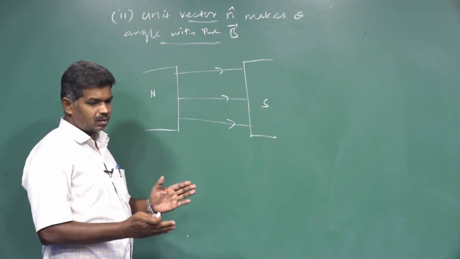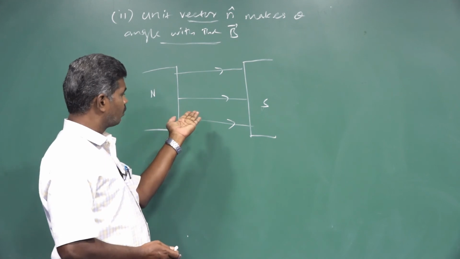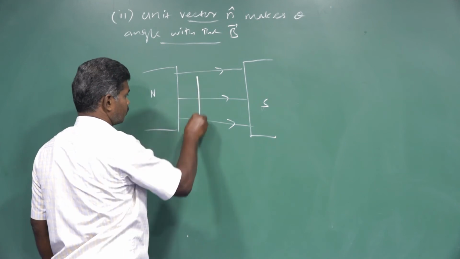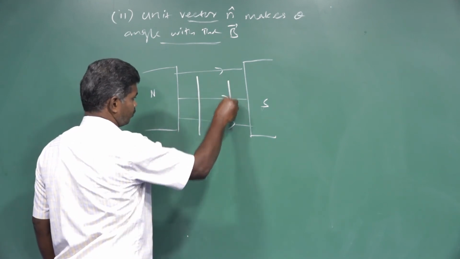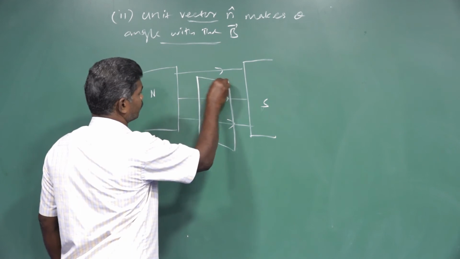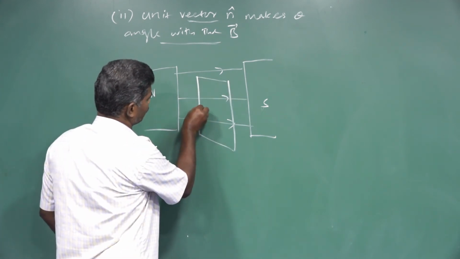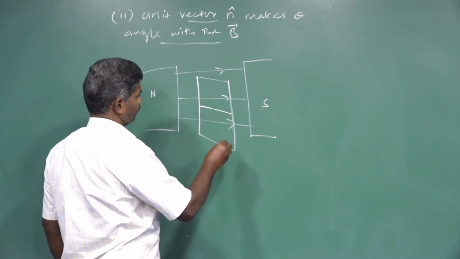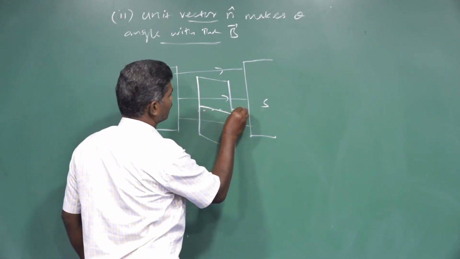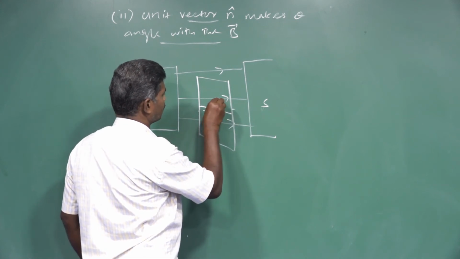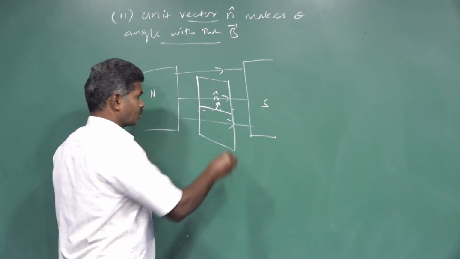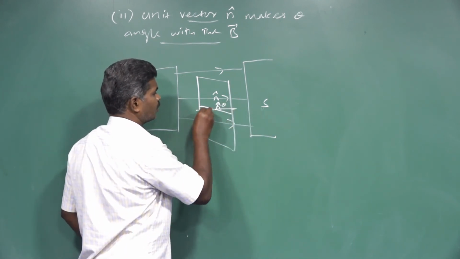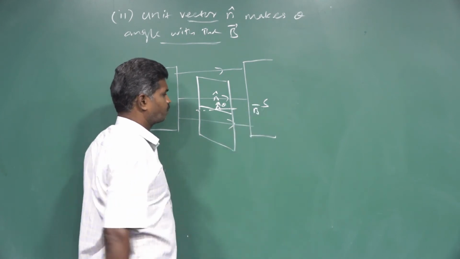In that we are going to place a loop at a certain angle. For that we are drawing a diagram. Suppose here the magnetic field is acting, and there is a normal n cap. That n cap makes certain angle theta with that magnetic field B vector.